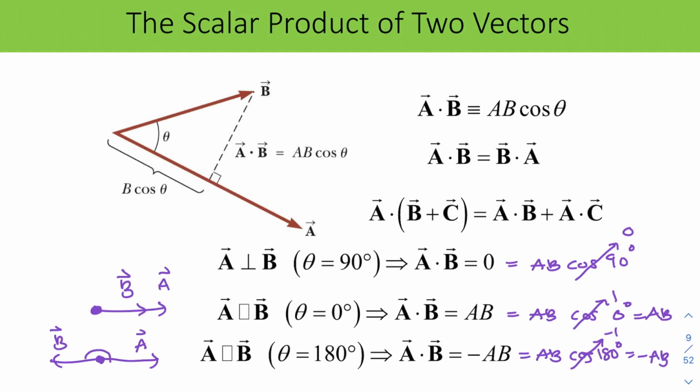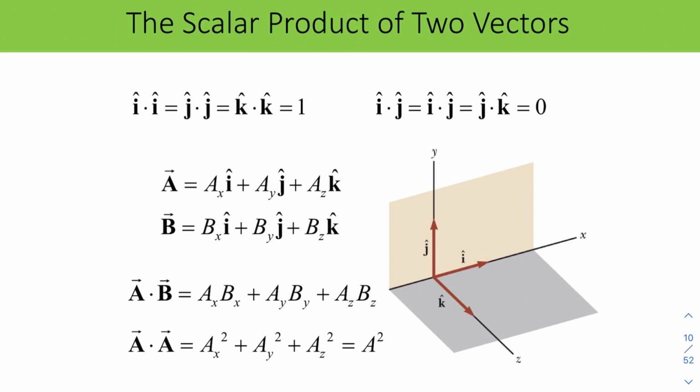What does this diagram mean? This is vector A and this is vector B. When you do the dot product of A with B, we are looking for the projection of B, which is B cos theta onto A. Then we multiply them. That is the meaning.